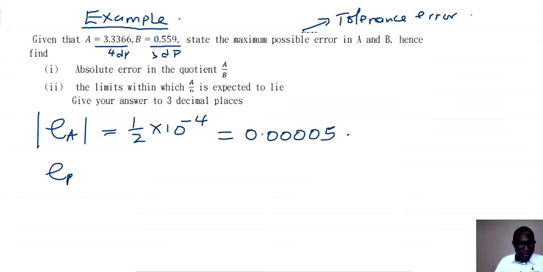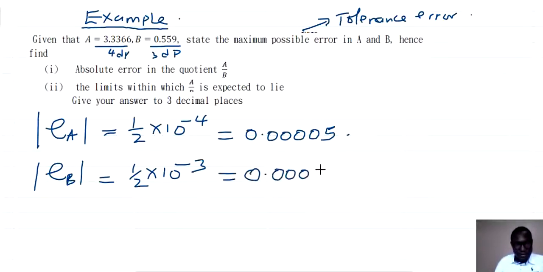Error in B is half times 10 power negative 3, which simplified in decimals is 0.0005. So this is the maximum possible error in B.